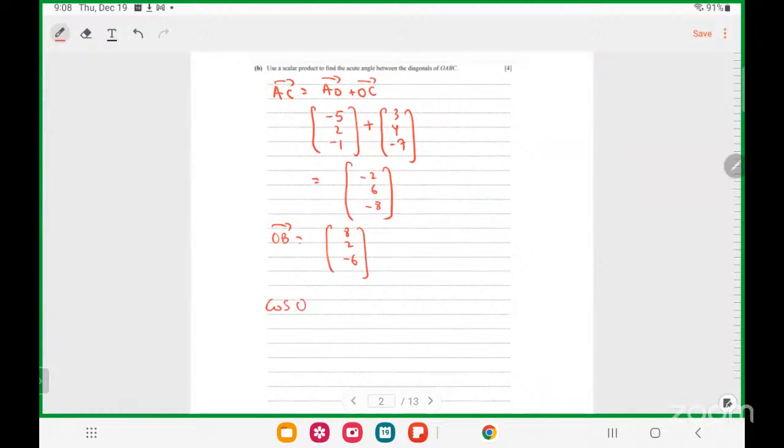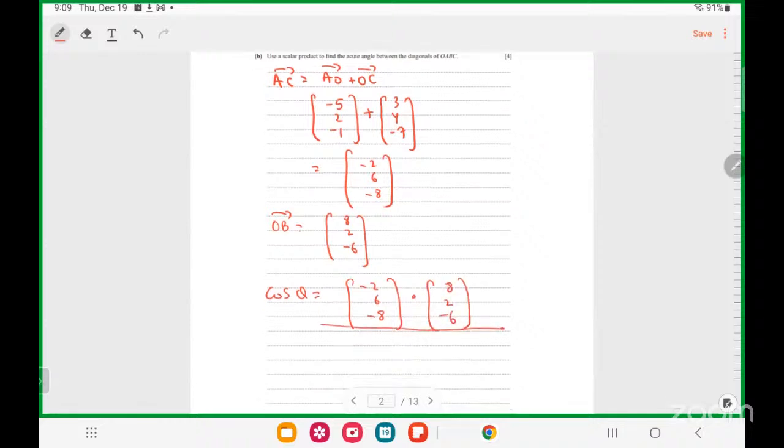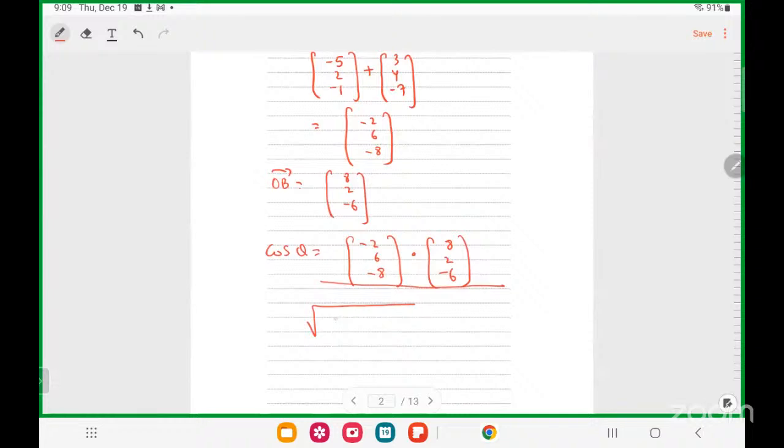So cos theta is (-2, 6, -8) dot (8, 2, -6), upon the square root of 4 plus 36 plus 64, times the square root of 64 plus 4 plus 36.